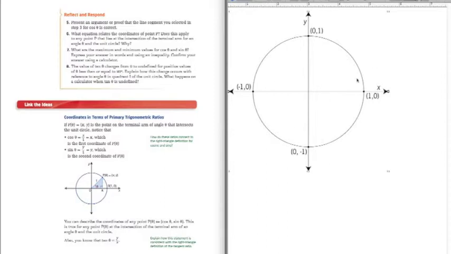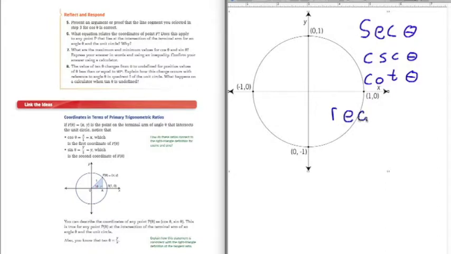So the other three trigonometric functions that we're going to need to know are secant theta, cosecant theta, and cotangent theta. Now, all of these are reciprocals of the functions, and remember that a reciprocal is simply 1 over x.